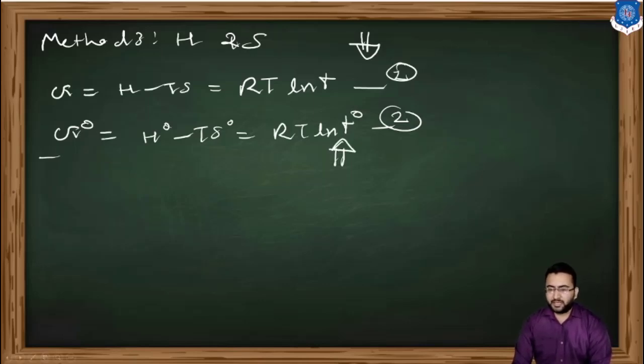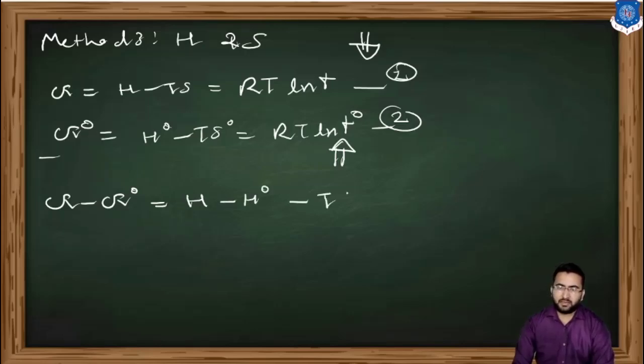Using equations 1 and 2, we can say that G minus G naught is equal to H minus H naught minus T times (S minus S naught), which is equal to RT ln f upon f naught.